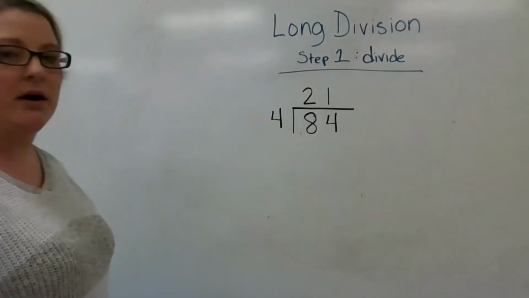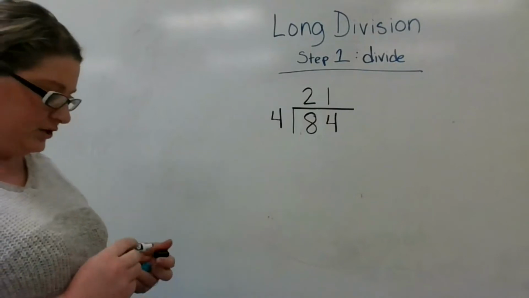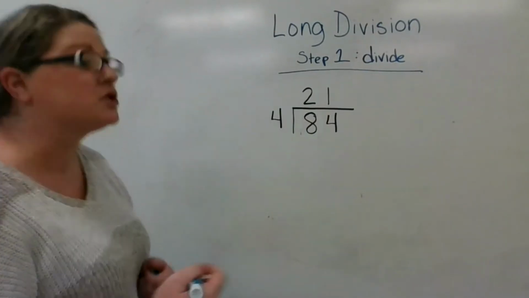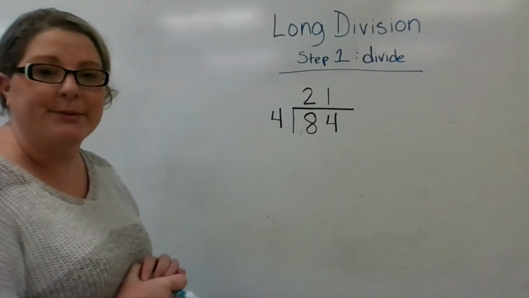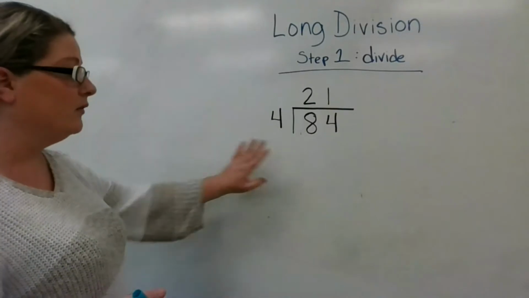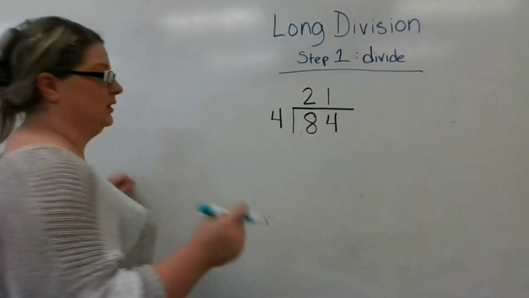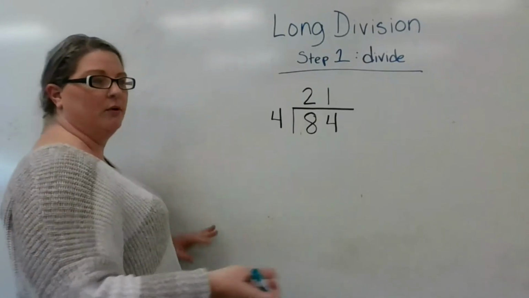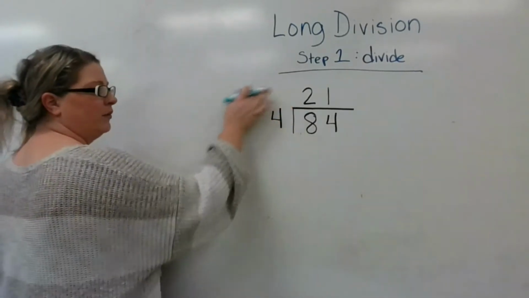And we can check our work even with long division, because no matter what kind of division, long division, short division, you can still do the inverse operation. And remember, like I said, the inverse of division is multiplication. So I'm going to take the answer like we do with an addition or subtraction problem. We flip it over, right? When we're checking the answer.